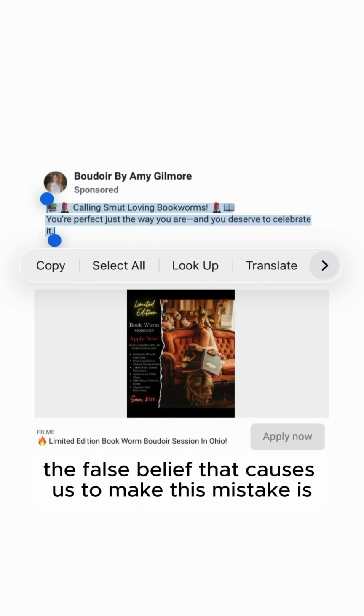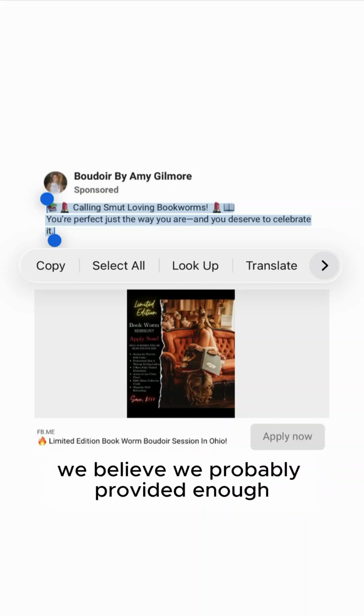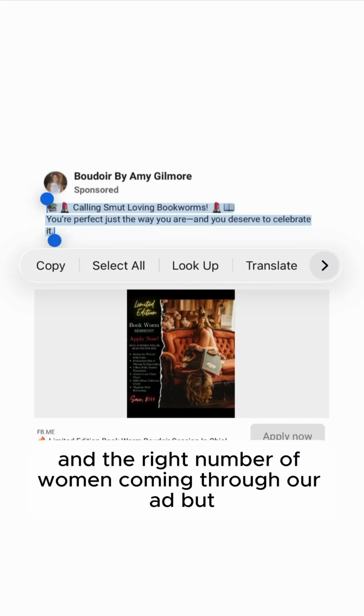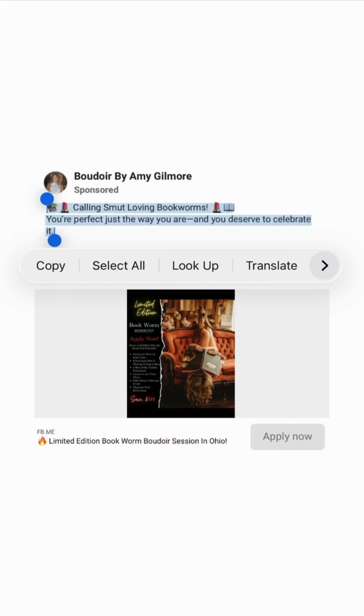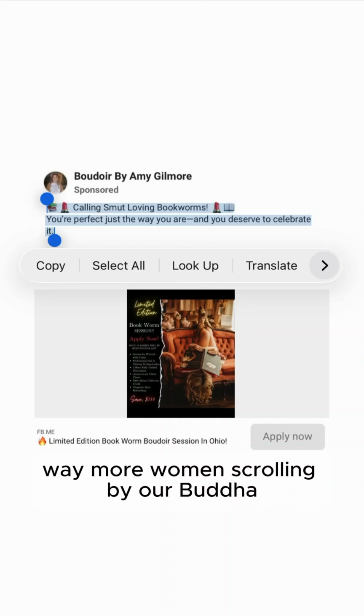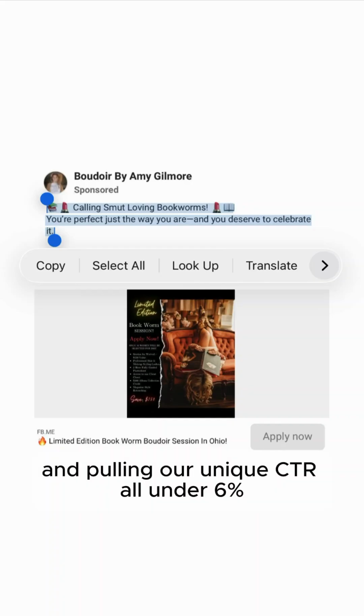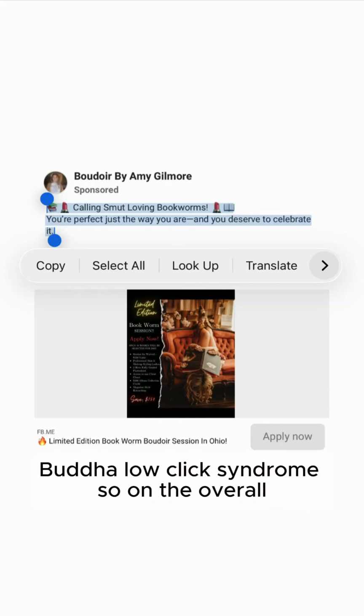The false belief that caused us to make this mistake is we believe we provide enough context to maximize and optimize the number of women, and the right number of women, coming through our ad, but we didn't do that. The consequence is way more women scrolling by our Boudoir Facebook ads than necessary, pulling our unique CTR under 6%, contributing to BLCS, Boudoir low click syndrome.